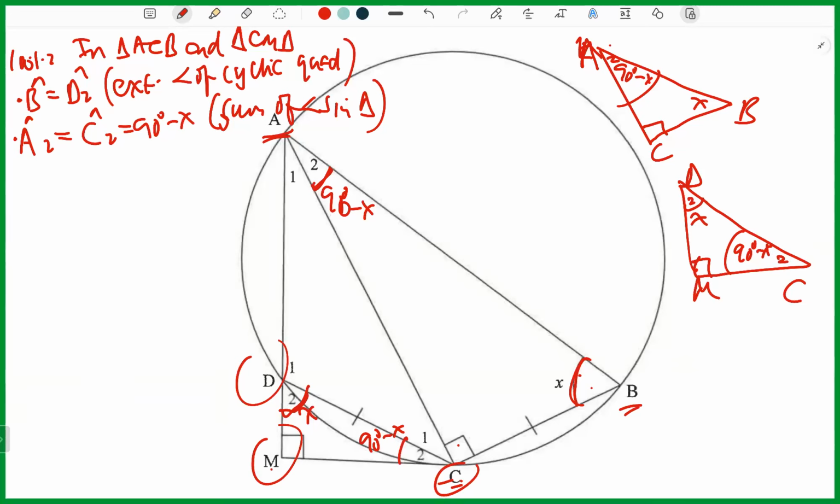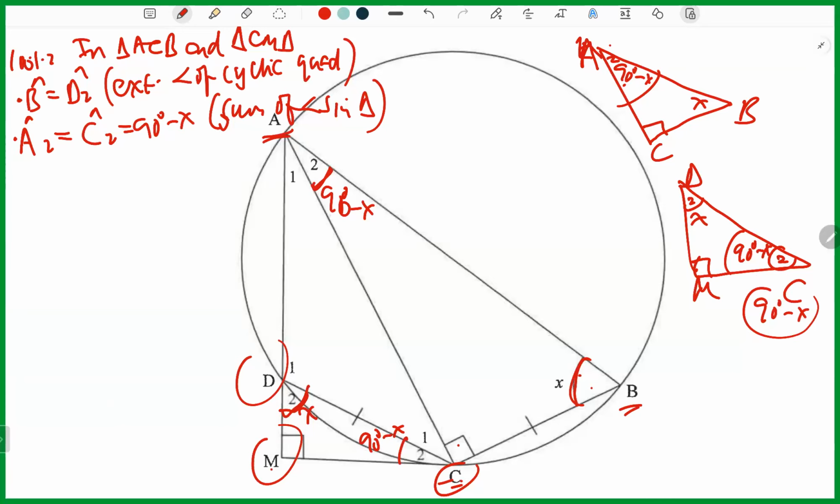So we've already seen that angle B is equal to D2 equals X. Okay, exterior angle of cyclic quad there. Next, we have already seen that A2 is equal to C2, and this C2 is 90 degrees minus X as well. Right, someone gets a triangle.